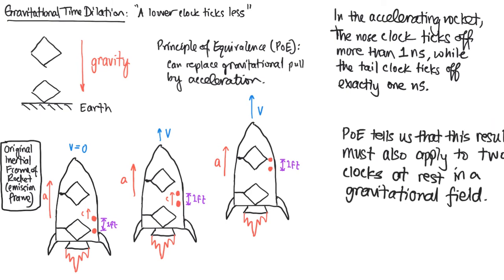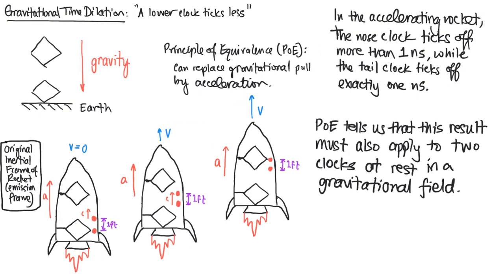But the principle of equivalence, right, tells us that we can replace the gravitational pull by an acceleration or vice versa. So the problem that we just analyzed is equivalent to the problem that we wanted to solve, 2 clocks at rest in a gravitational field of the Earth. The principle of equivalence tells us that these 2 clocks must behave in the same way as these 2 clocks that are on the rocket.